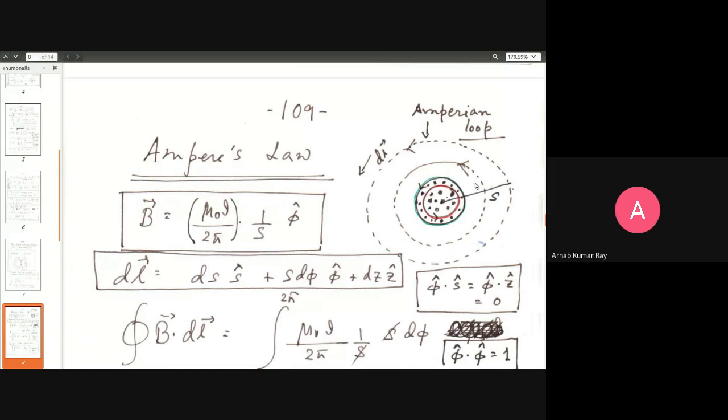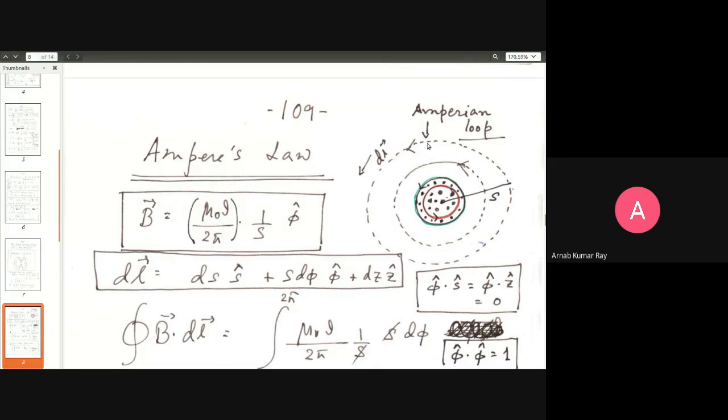Now comes something important. Like in the Gauss problems, where you worked with an imaginary surface known as the Gaussian surface that encloses charges, here you are drawing not a surface, but a closed one-dimensional loop, a circle, the rim of a circle, a hoop.